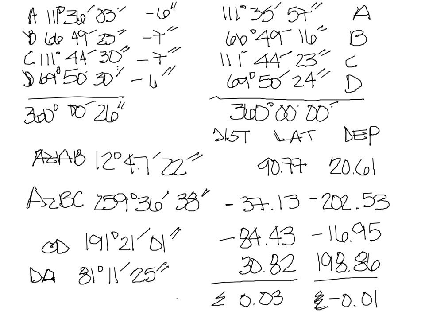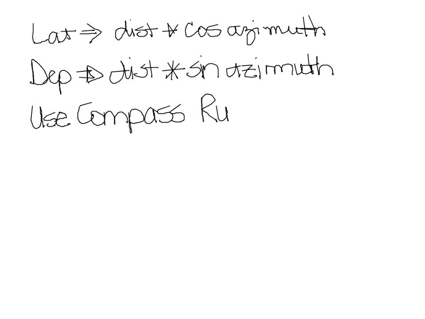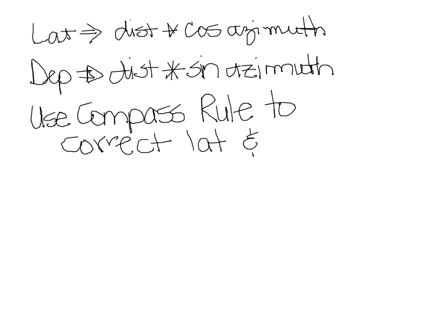So we need to use the compass rule to make the corrections to your departures and latitudes. So let's see, we're going to use the compass rule to correct latitudes and departures.